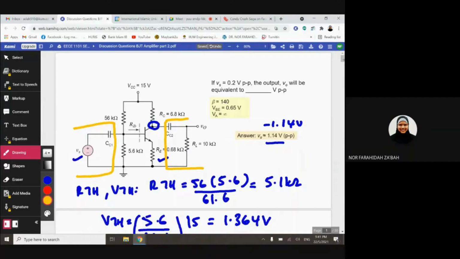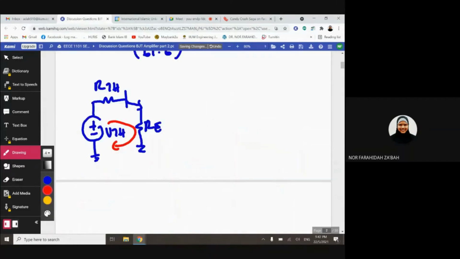So you just ignore the VS and the RL. VBE on is given as 0.65, and you're going to do the BE loop. So the BE loop equation will be IB RTH plus 0.65 plus IE RE minus VTH equivalent to 0.